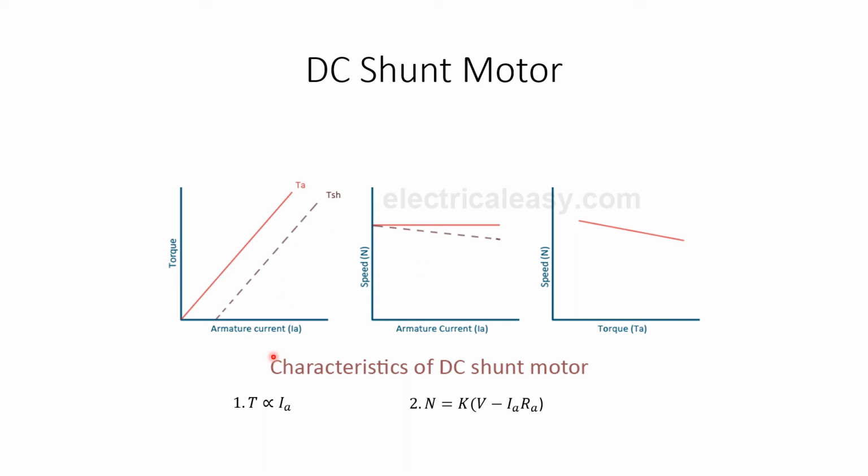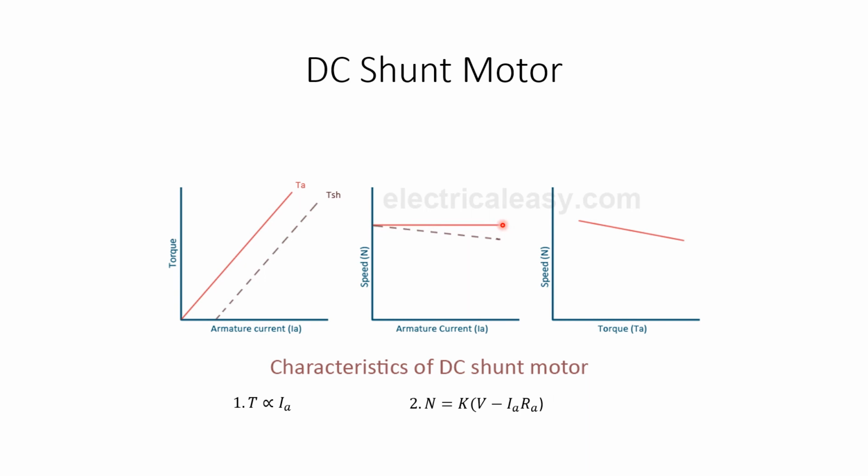First we take armature current versus torque. Again, we know the torque is directly proportional to the armature current in the shunt motor, so we get a curve like this. This is the useful shaft work. Then armature current versus speed. The speed is constant with respect to the armature current, so you will get this red line like this.